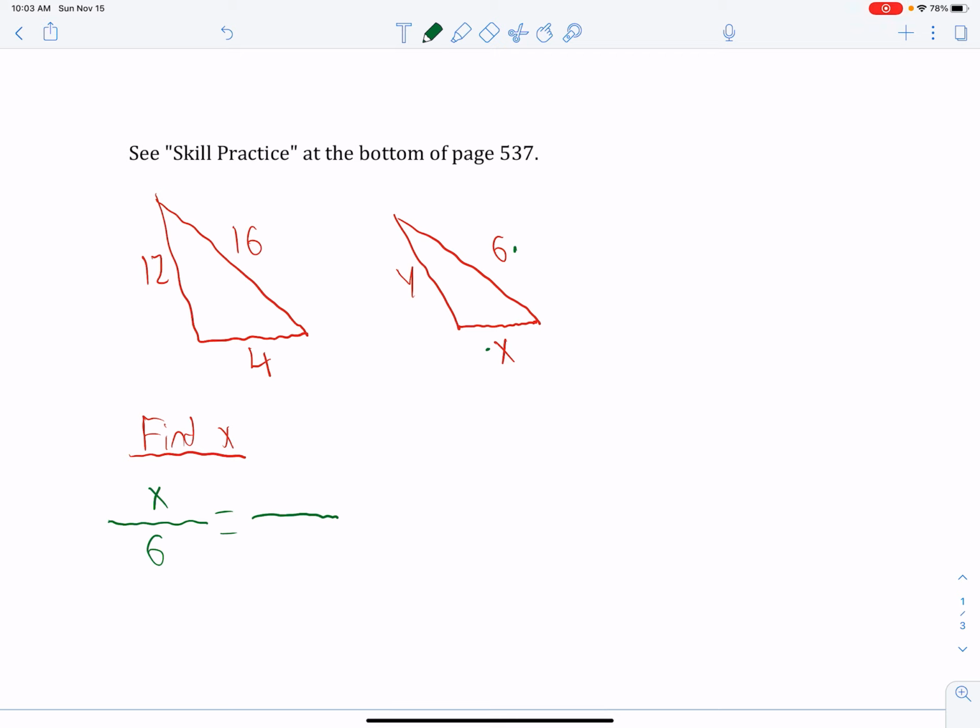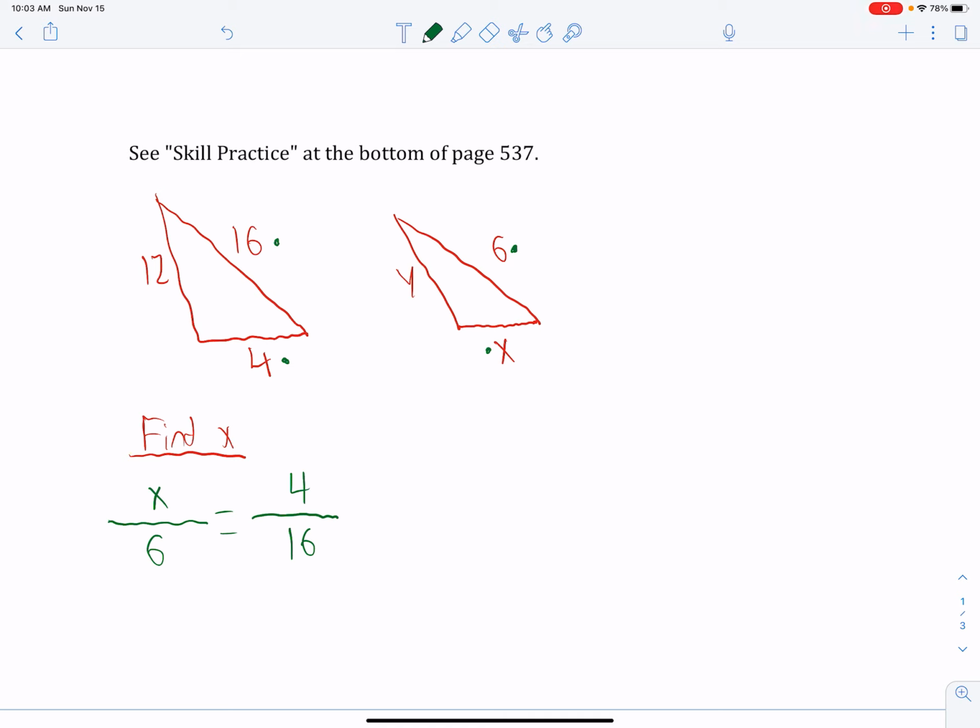So notice, since I did the bottom side divided by the right side for that fraction, when I use my other fraction for the other triangle, I have to do it the same way. The bottom side divided by the right side. So here I have x over 6 equals 4 over 16, like that. There are other ways you could set this up, but that's just one way.